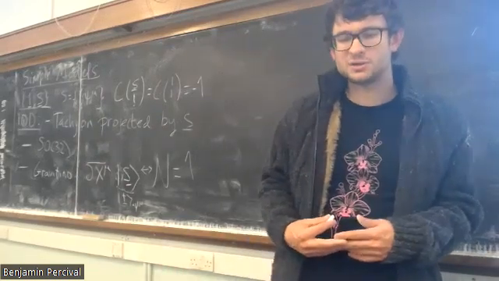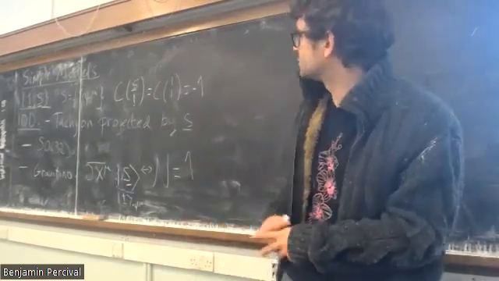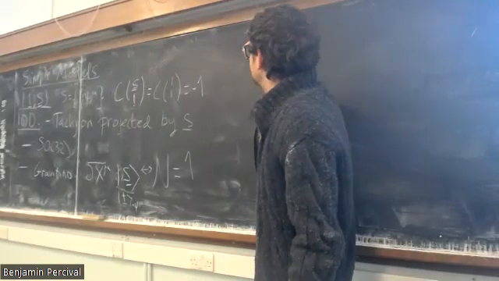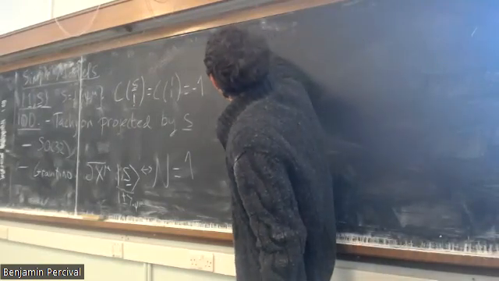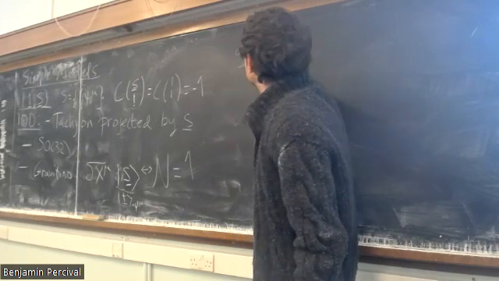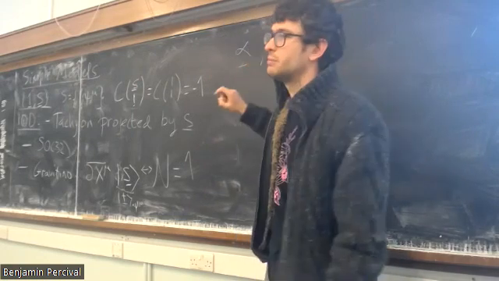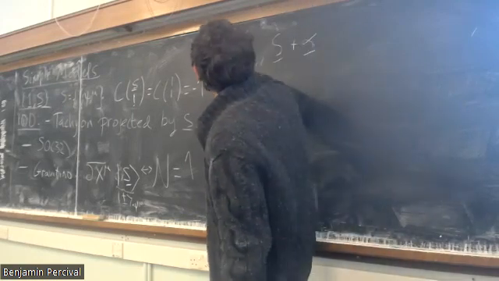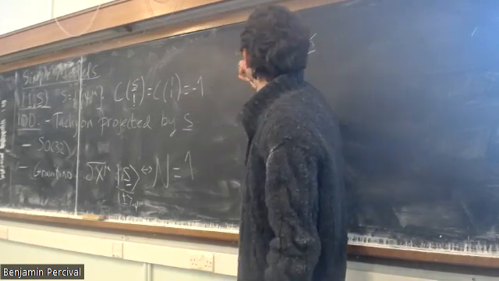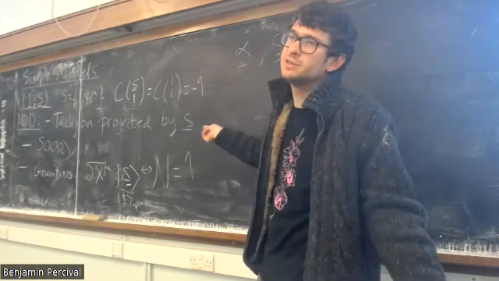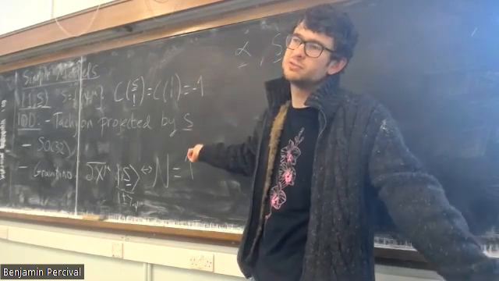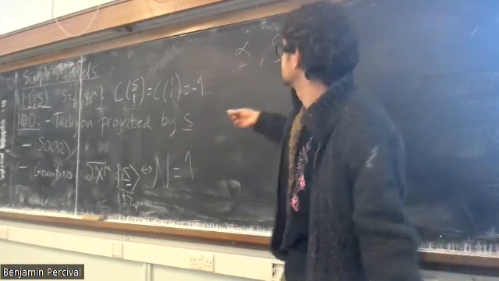And that's a general result. So the general result is, if you have a sector alpha, you can take S plus alpha, and these form a supermultiplet.